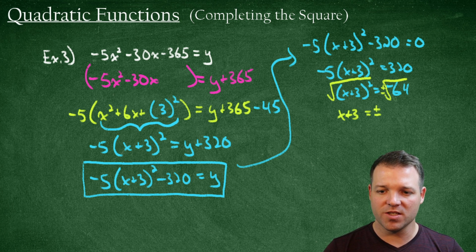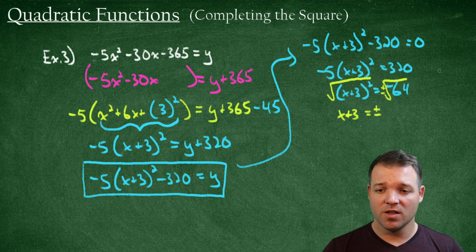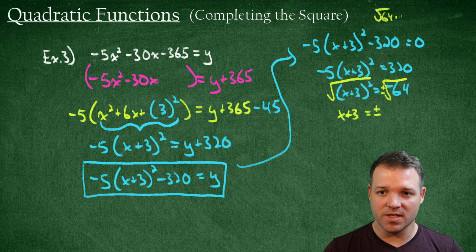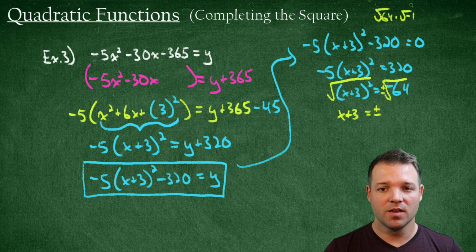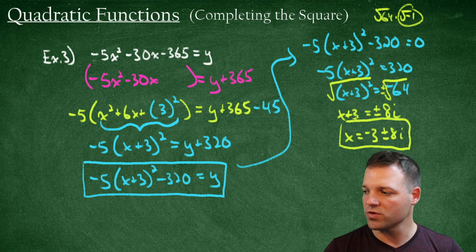And we are left with plus or minus the square root of negative 64, which is the same thing as the square root of 64 times the square root of negative 1. And the square root of 64 is 8, and the square root of negative 1 is i. So there we go. Almost there. Subtract 3 from both sides. x is equal to negative 3 plus or minus 8i. And there we go. Those are our roots.